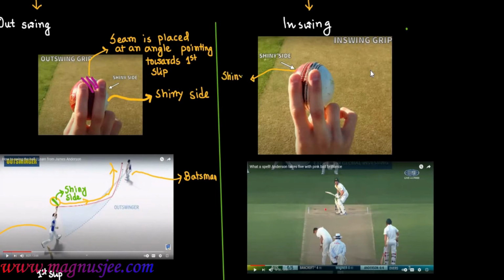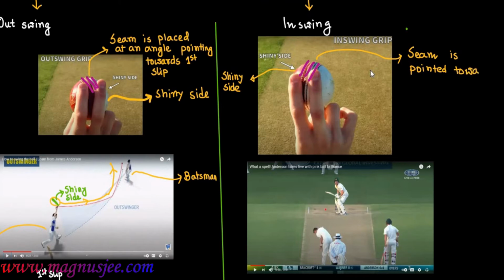For conventional inswing, the shiny side exists towards the slippers, and the seam is placed at an angle with the initial line of flight, pointing towards the batsman.